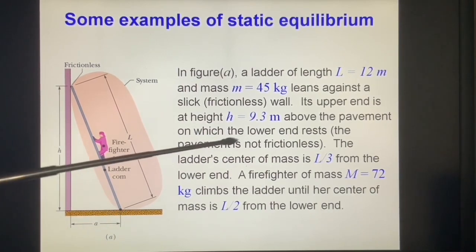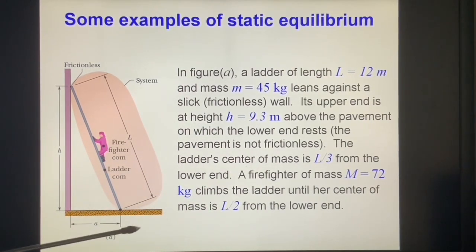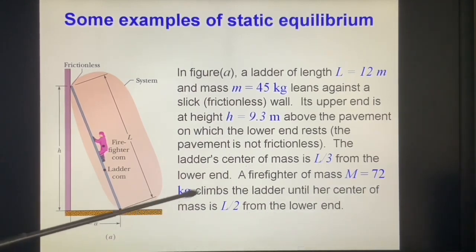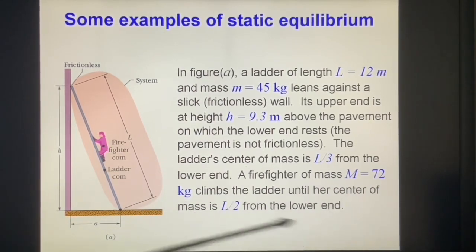The pavement is not frictionless. Okay, they have a friction. The ladder's center of mass is L/3 from the lower end. It's not uniform. Okay. A firefighter of mass m, 72 kilograms, climbs the ladder until her center of mass is half L from the lower end.